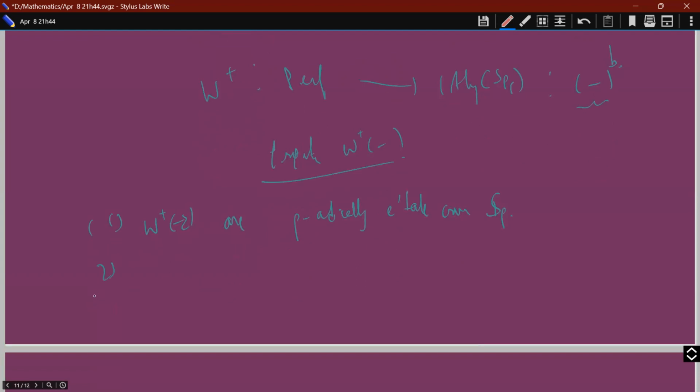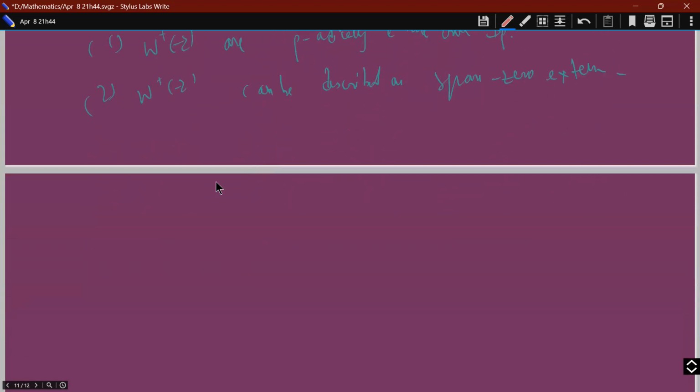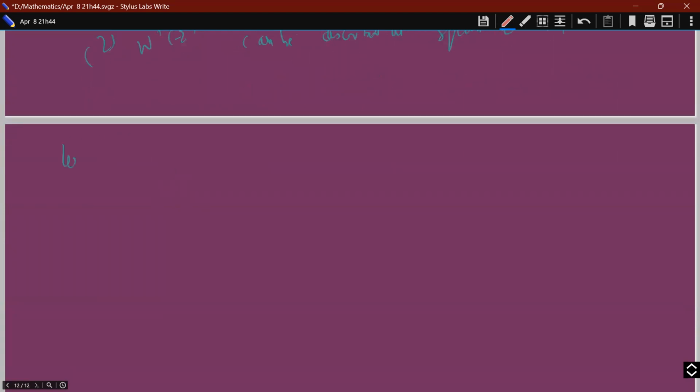The second part can be described as square zero extensions. Right. So I won't give a proof of all the results, but maybe the first few ones, which are pretty straightforward and follow from previous results.